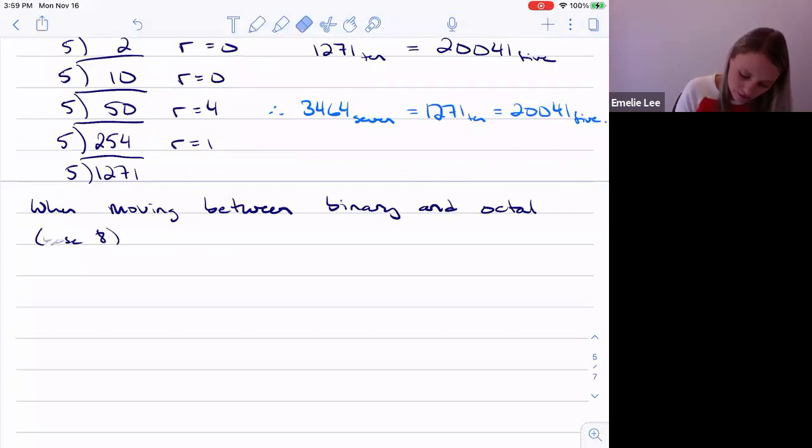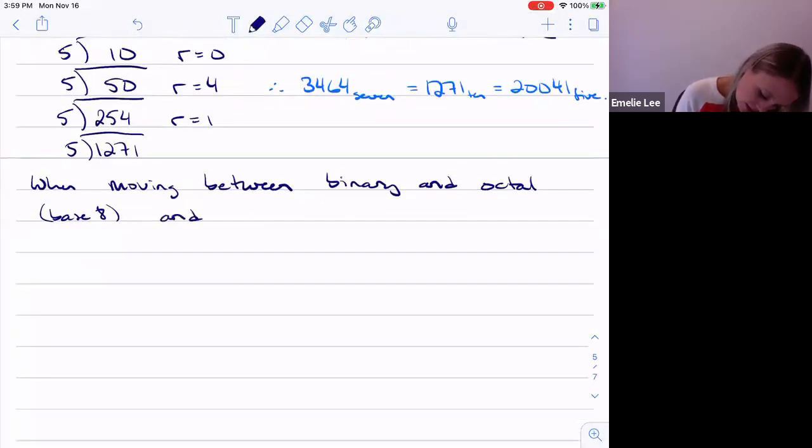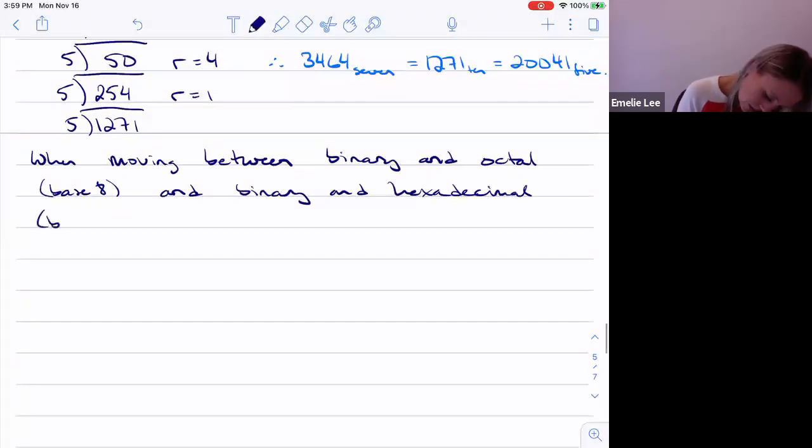Base 8, and binary and hexadecimal, which is base 16, we have shortcuts.